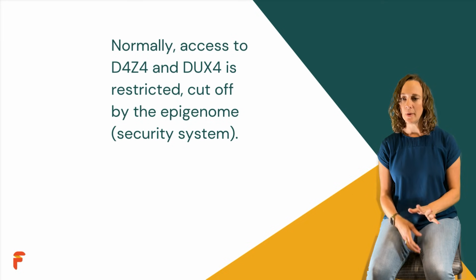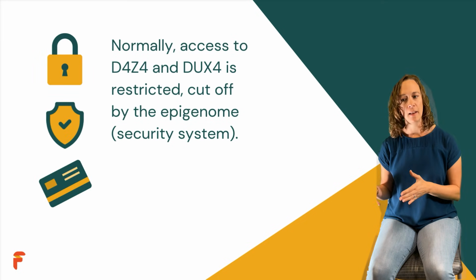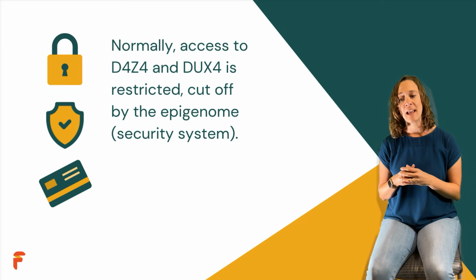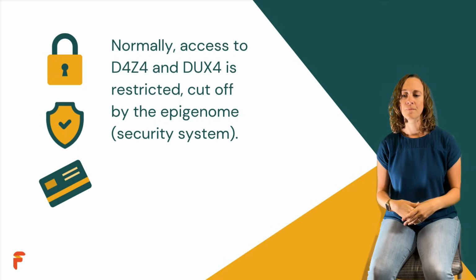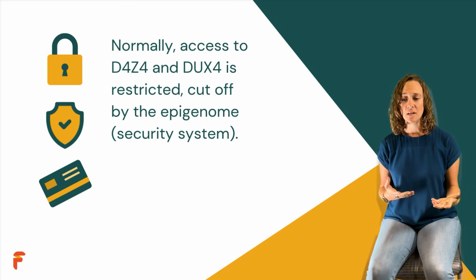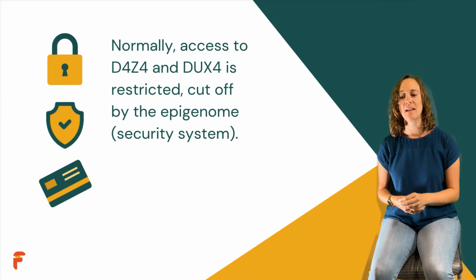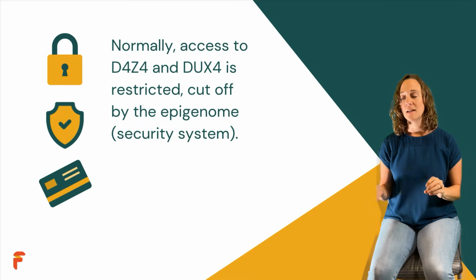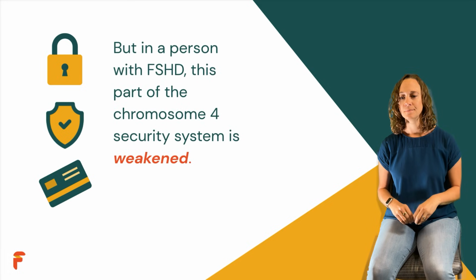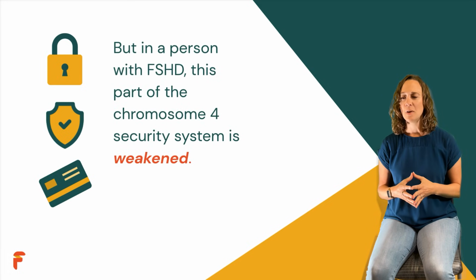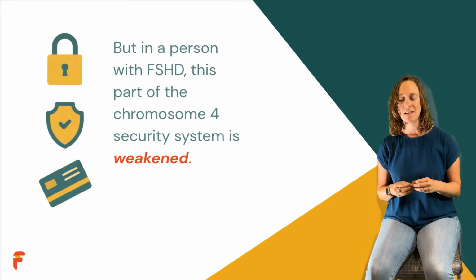In most people, after a certain point in development, this section of DNA is tightly closed and it's not accessible. Think of this like the security system working properly. Guards are in place and locks are on the doors and on the bookshelves. However, in a person with FSHD, this part of the chromosome 4 security system is weakened.